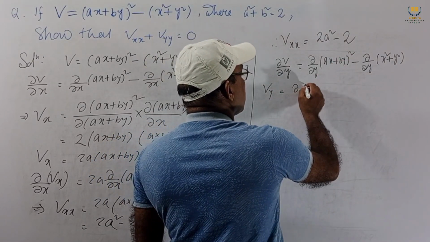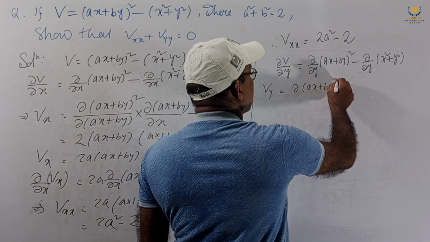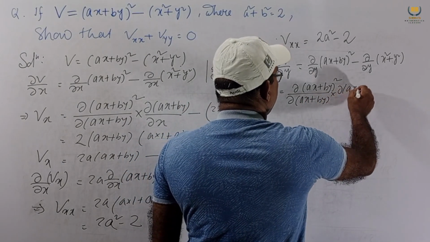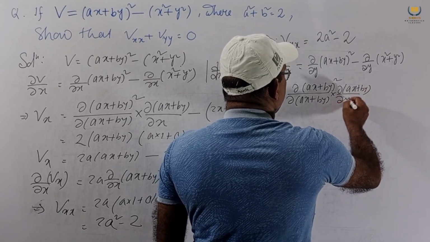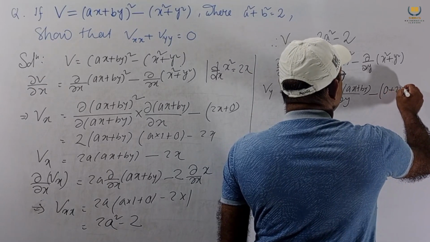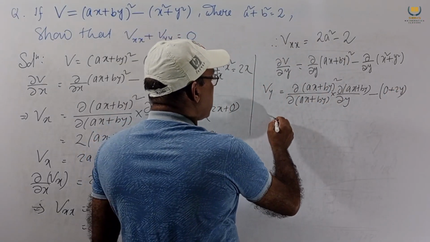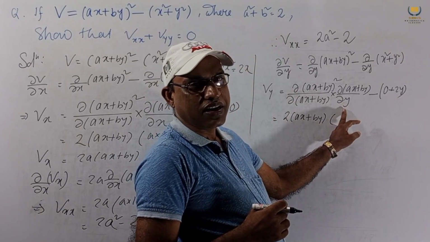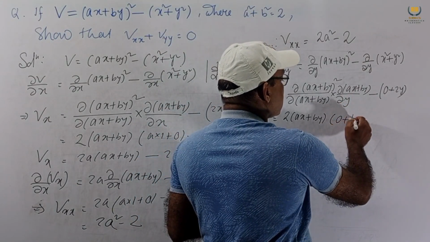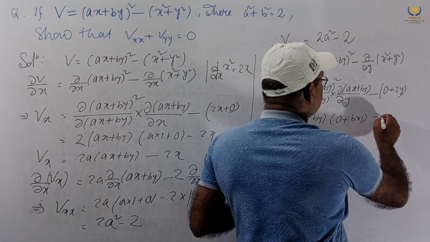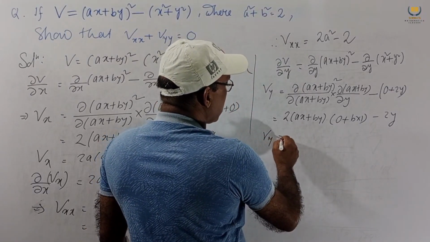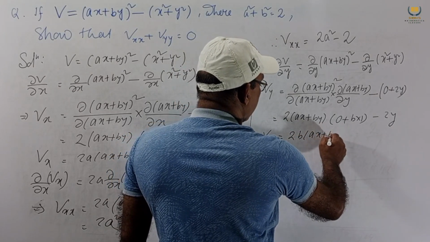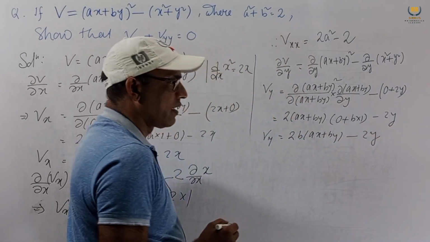Using the chain rule, del (ax plus by) whole square by del (ax plus by) into del (ax plus by) by del y, minus 0 plus twice y. This is 2(ax plus by) times, differentiating partially with respect to y, x is constant so this is 0 and this is b into 1, minus twice y. So vy equals 2b(ax plus by) minus 2y. We get this.